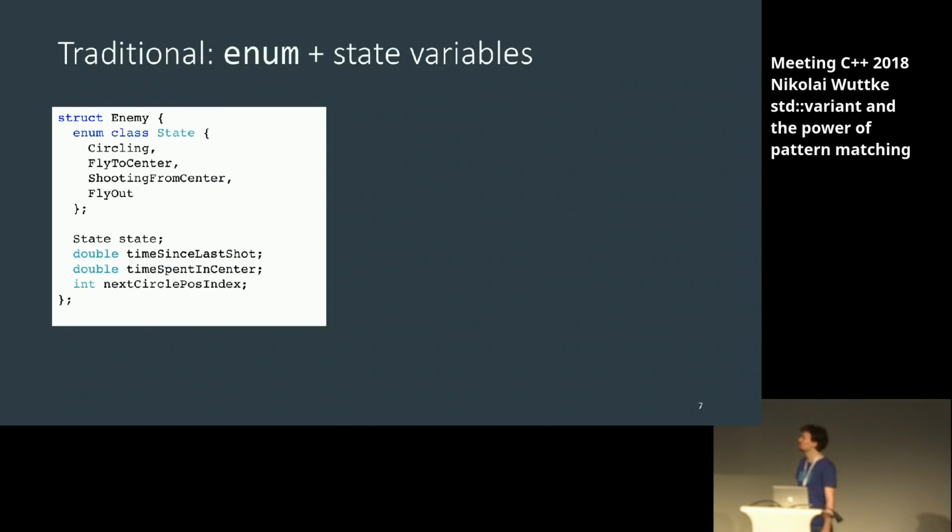One way you could do it is the more traditional, almost C-like way. So you have an enum to represent the states of your state machine, and then in addition you have all these variables that you need to implement the behavior. For example, you want to know how much time has passed since the last time you fired a shot in order to control how rapidly you fire.